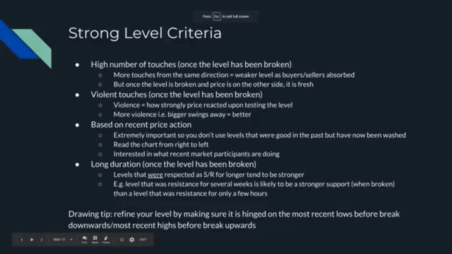The lows or the highs won't always be lined up perfectly. So if you're figuring out where to hinge your level, pick the last little wick as part of the structure where price found support before breaking down, or the last little bit of resistance in the structure that price found before breaking up. All that is just giving precedence to the more recent price action. That's all. Nothing too crazy.